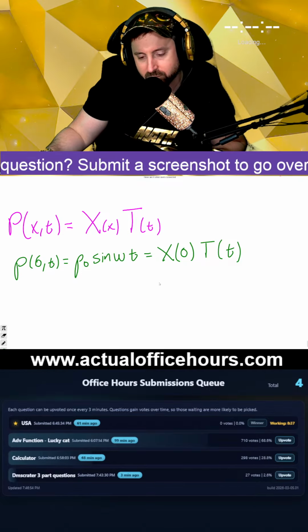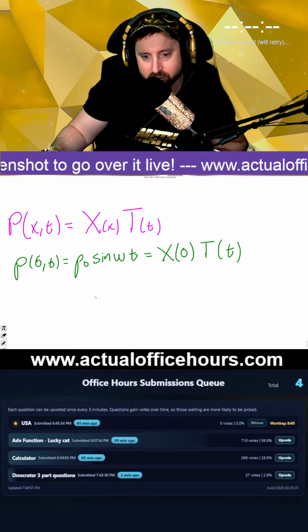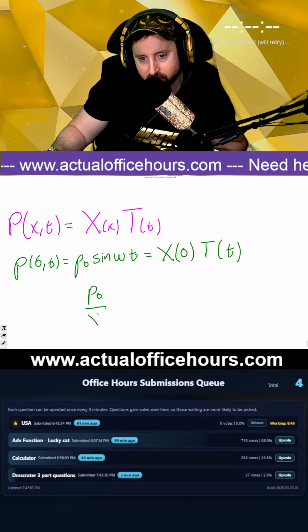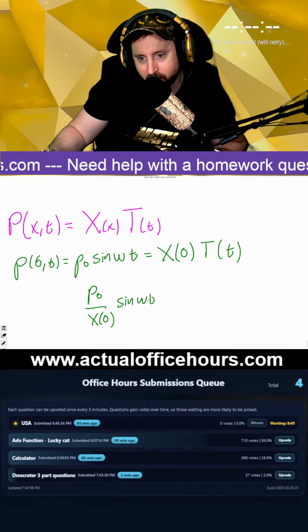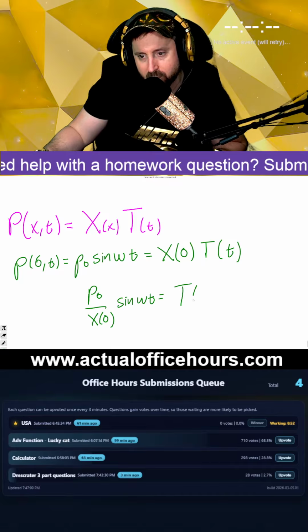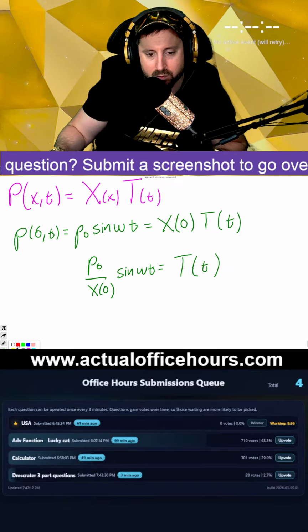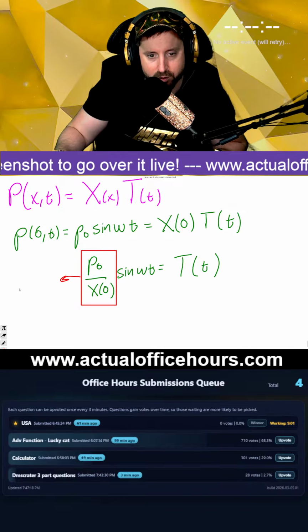We can absorb our p naught over X naught into our X of x because they're constants, and just say that our T of t is going to be sine of omega t. We just say these are both constants.